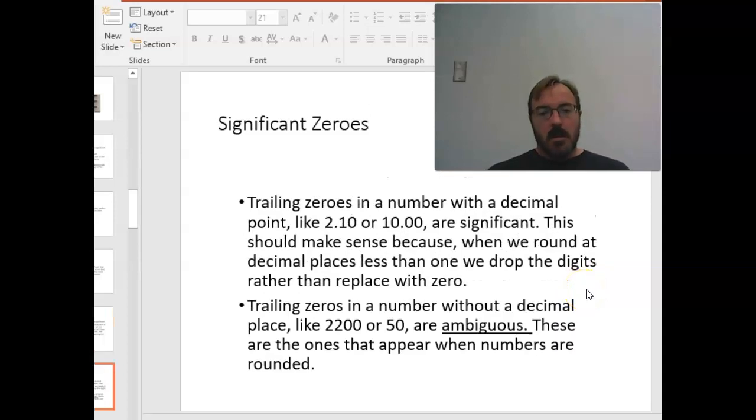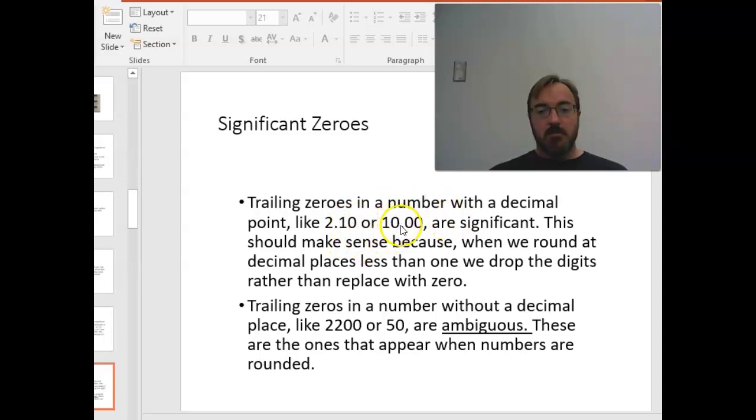On the other side, trailing zeros, if I have a decimal, are always significant. So if I have this number 2.10, then that zero needed to be there. They recorded it on purpose. So that was part of the measurement.